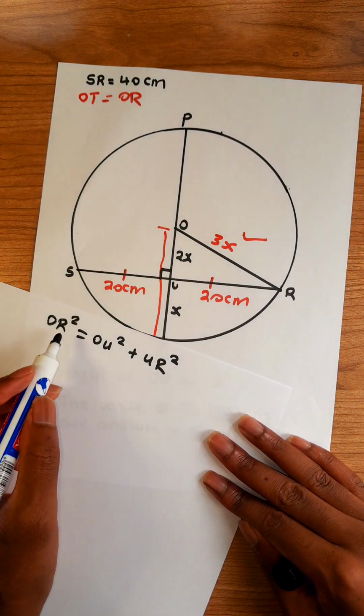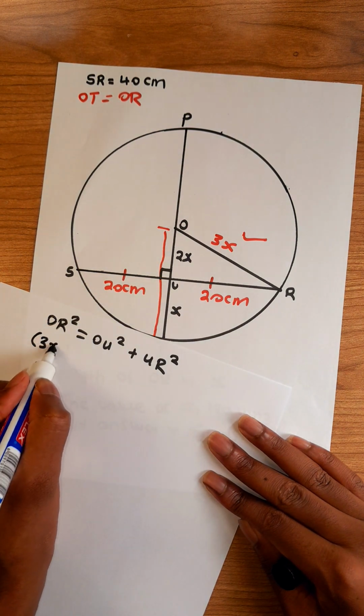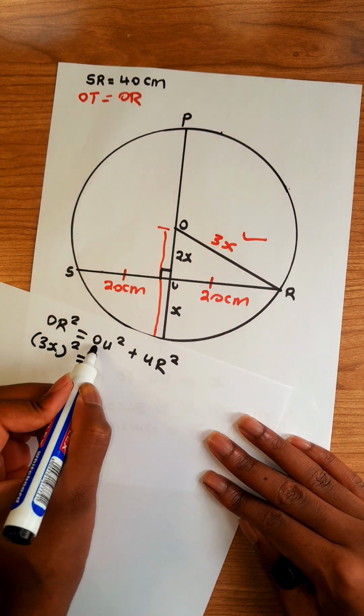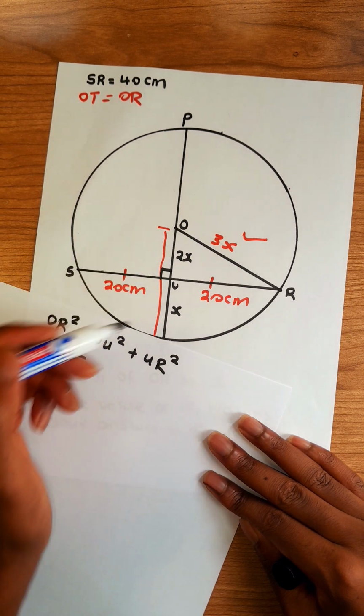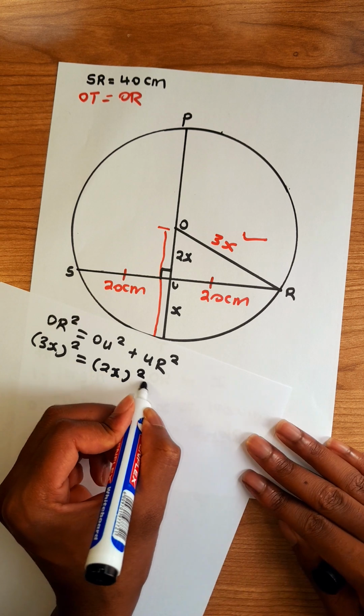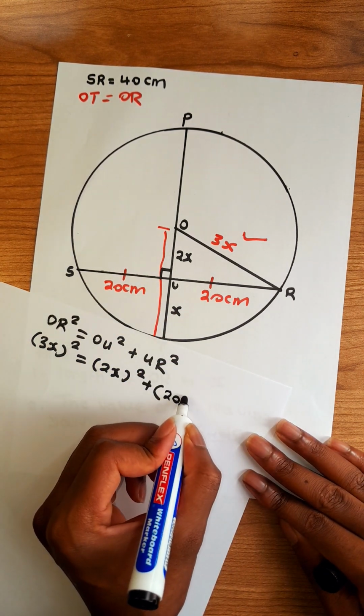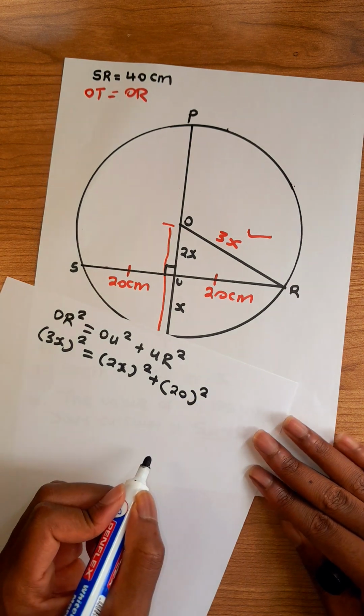So what is my OR? My OR is going to be 3x, and I'm going to square it. My OU is going to be 2x, and I'm going to square it, plus my UR, which is 20 centimeters, and I'm just going to square it.